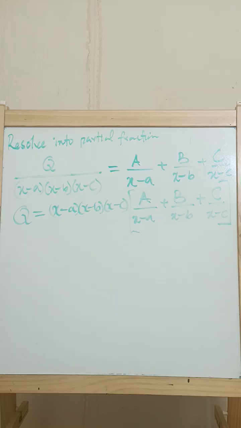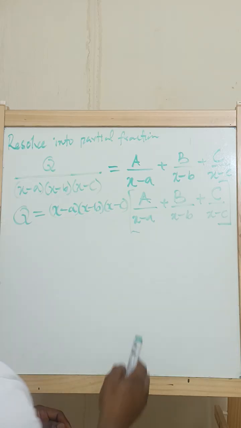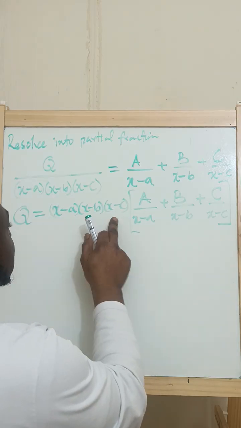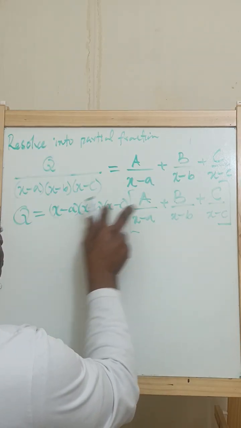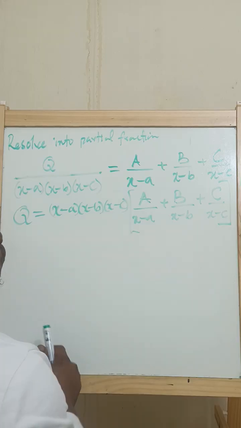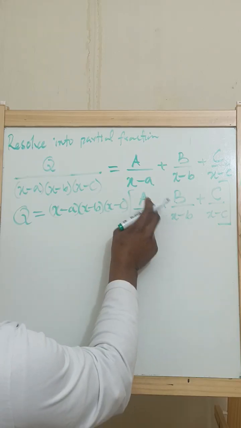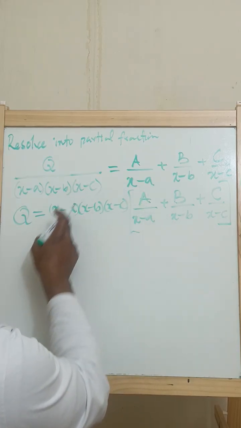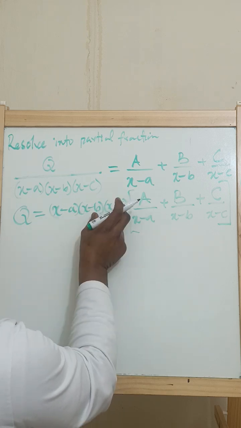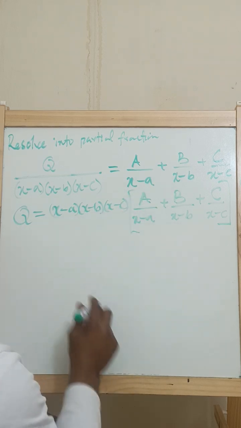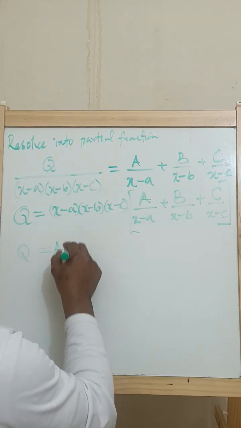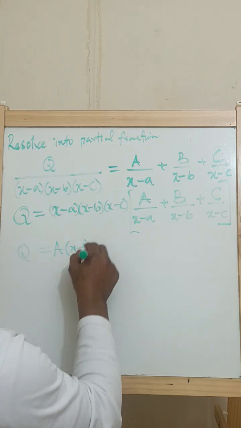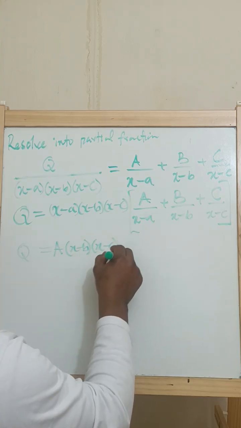Now we multiply every term with this. What we observe is that for this one, x minus a is going to cancel x minus a, and these two brackets will now multiply A, so A becomes x minus b, x minus c.